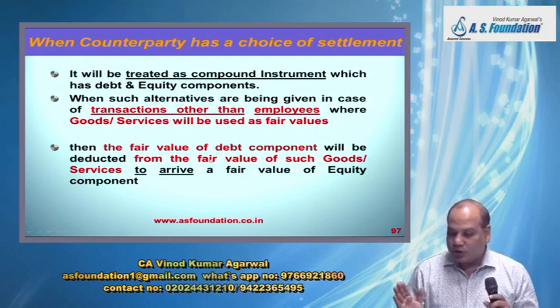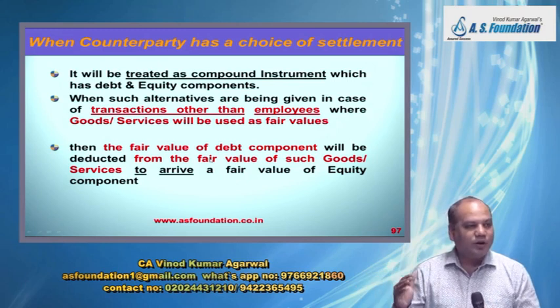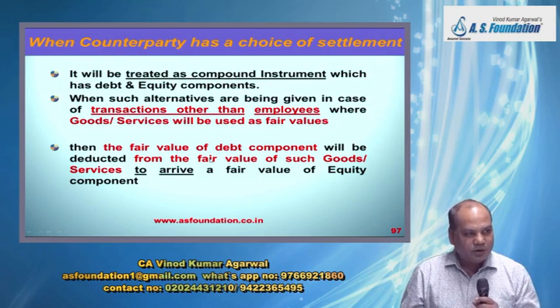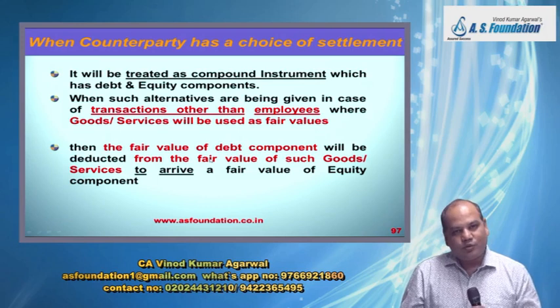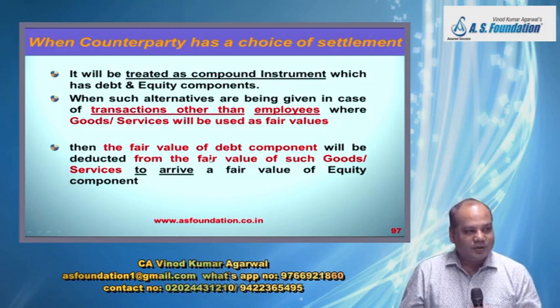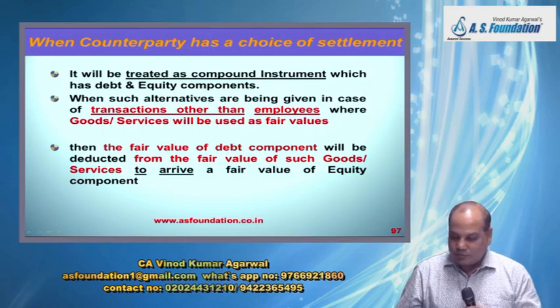Once you are able to identify the liability component and equity component, the liability part will be accounted like a cash settled share-based payment transaction, and the equity portion will be accounted like an equity settled share-based payment transaction. The liability part is remeasured on every reporting date till settlement. Equity is not remeasured, right?